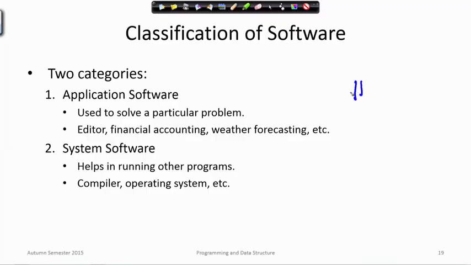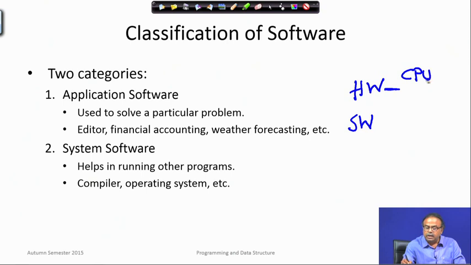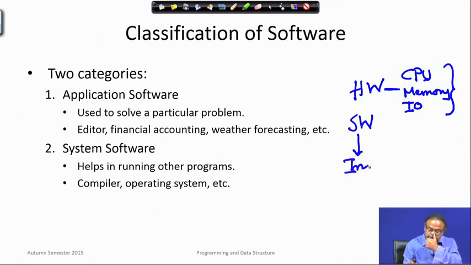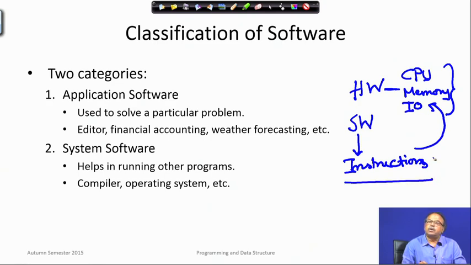The hardware consists of the CPU, the memory, the I/O devices, all those things are hardware, and the software is the instructions that are executed by this hardware.